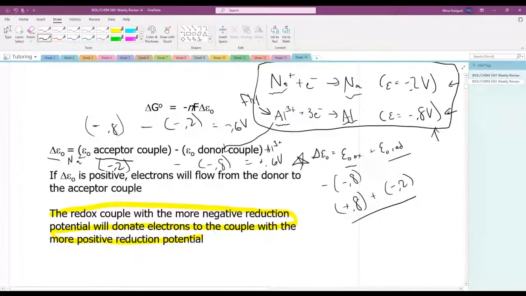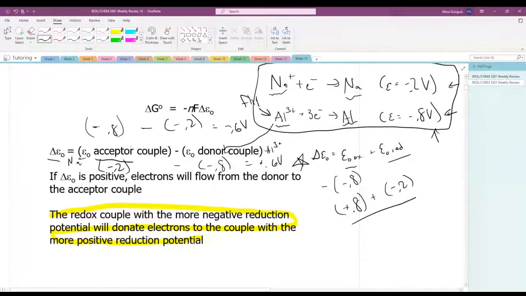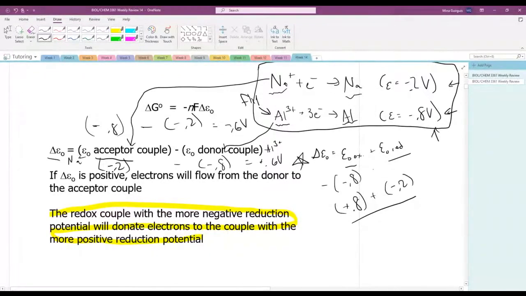If you memorize that, figuring out which one is the donor and which one is the acceptor becomes really easy. Or if you memorize just that first half, just based on math, if these are both negative numbers, I need to flip the bigger number in terms of absolute value in order to make a positive number. If I flipped 0.2 to a positive number, negative 0.8 plus 0.2 is still negative 0.6.